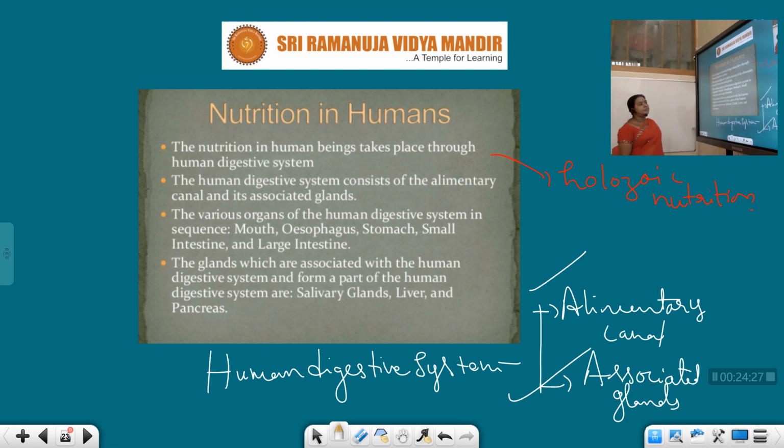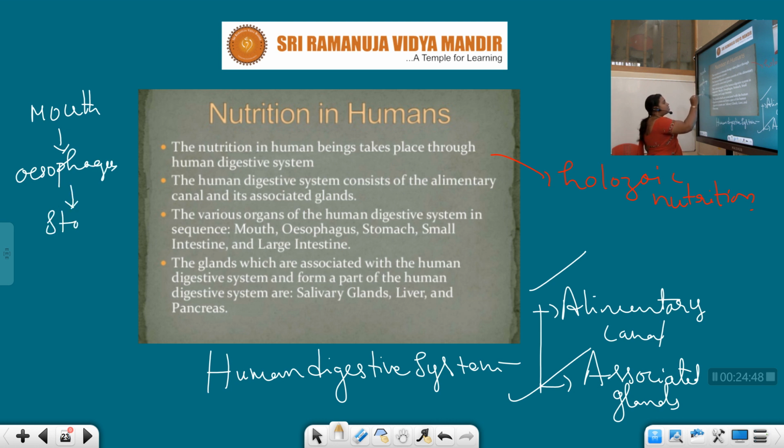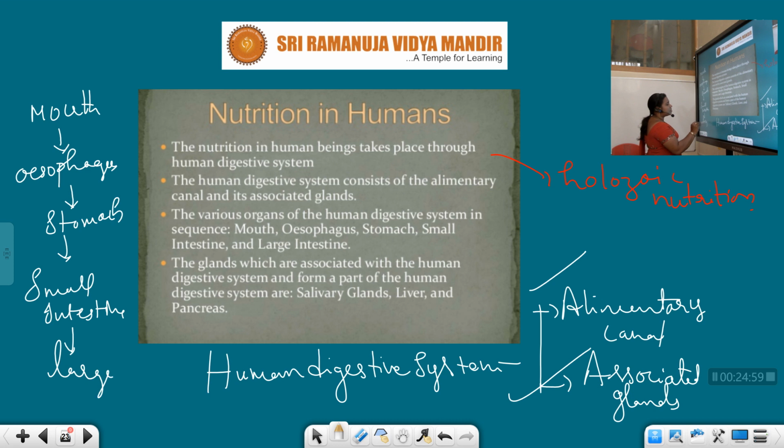And here, generally children, our alimentary canal, the digestive system, consists of the following parts: mouth, esophagus, stomach, small intestine and large intestine.